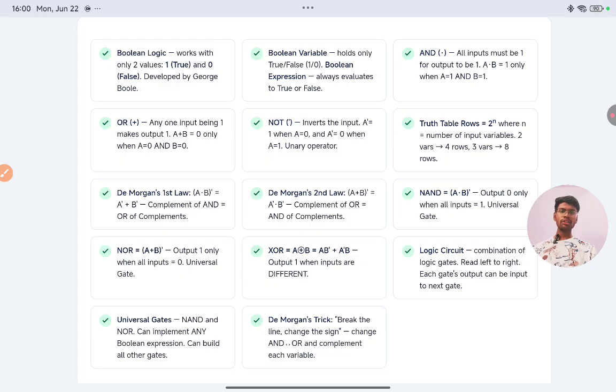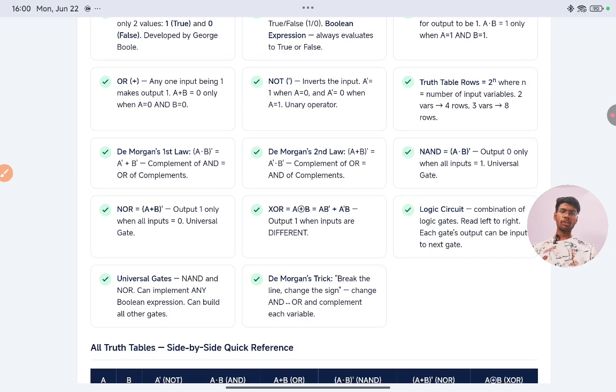The AND operator, the dot operator, is logical multiplication; all inputs must be 1 for the output to be 1. Even if one is 0, the output is 0. The OR operator, logical addition or the plus operator: any one input being 1 makes the output 1. If everything is 0, the output is 0. NOT is the inverter, a unary operator, not a binary operator, a complementer.